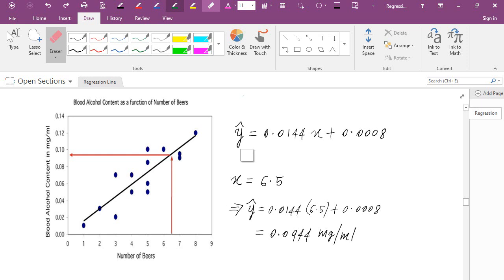In the equation of the trend line, we plug in 6.5 for x, and then we calculate the value of y hat. We get 0.0944, and that's the predicted value of the response variable, the blood alcohol level, when the number of beers is 6.5.